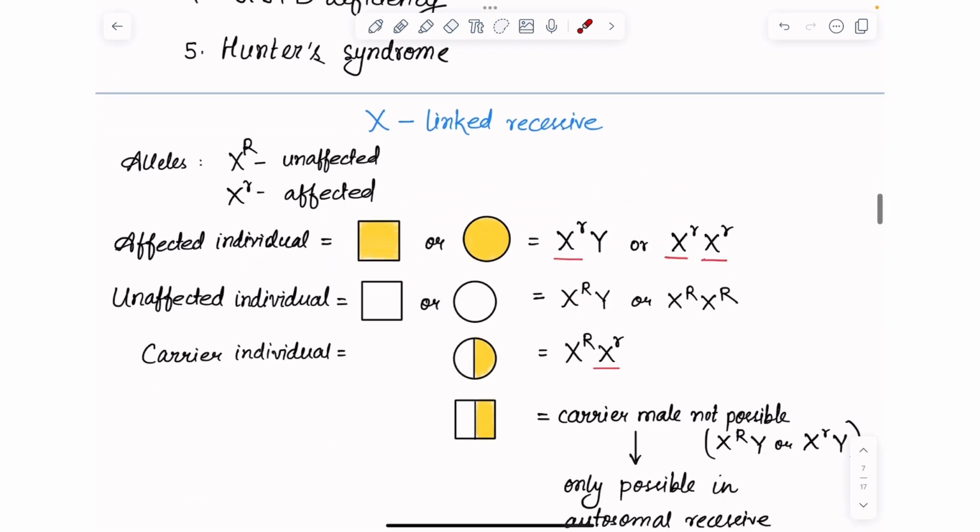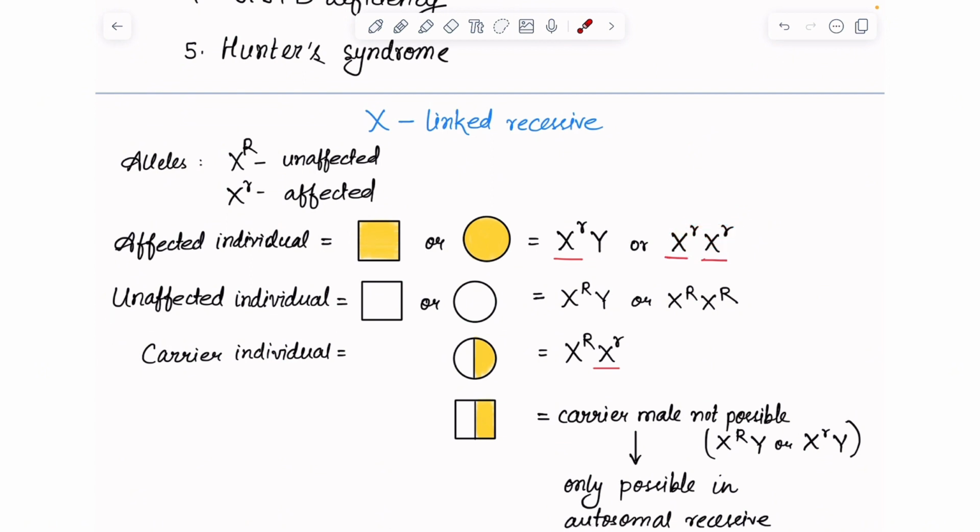In X-linked recessive, the alleles are X with capital R denoting unaffected or dominant, X with small r representing recessive or affected. An affected individual is shown by X^r Y for male and X^r X^r for female.